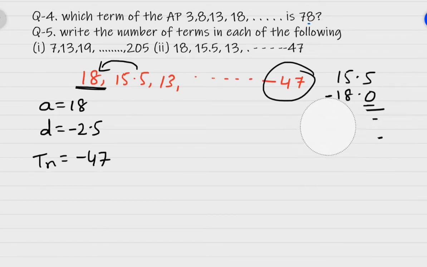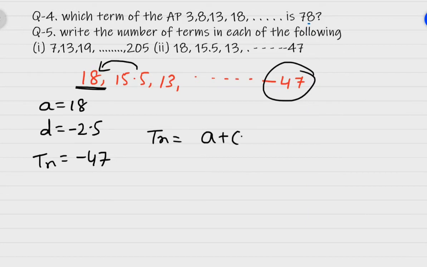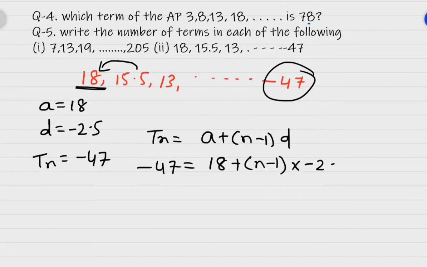Now simply substitute in your equation Tn is equal to A plus n minus 1 into D. So what is your Tn here? Minus 47. That is equal to, what is your A? 18 plus n, which you don't know, n minus 1 and D is minus 2.5.